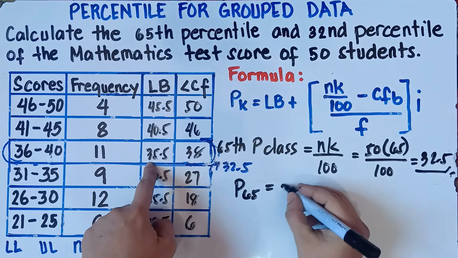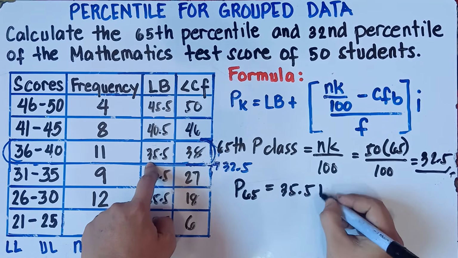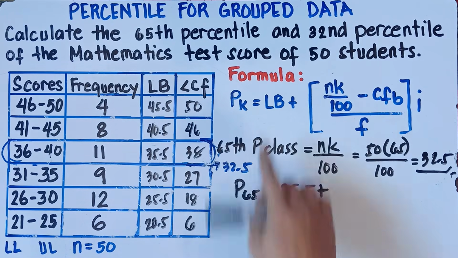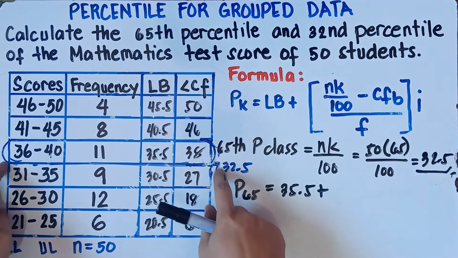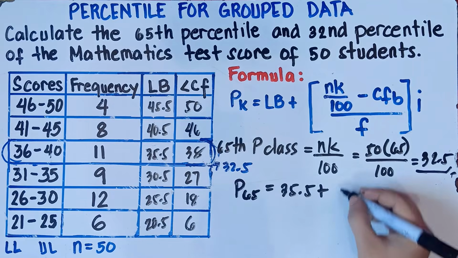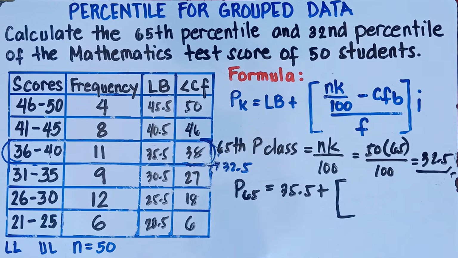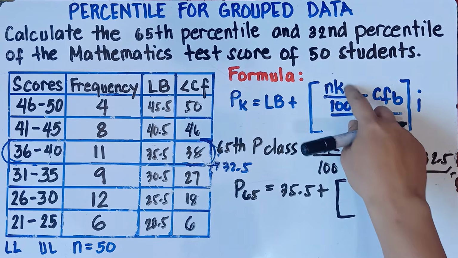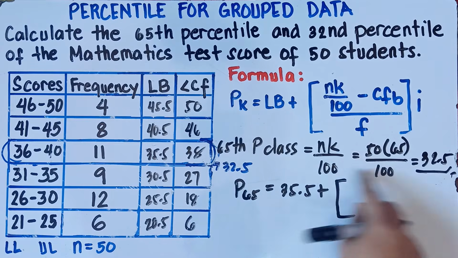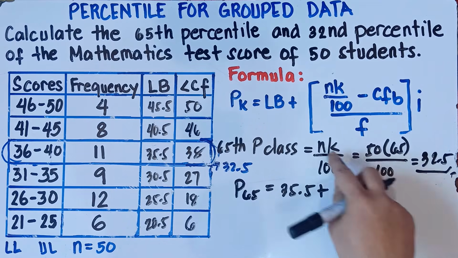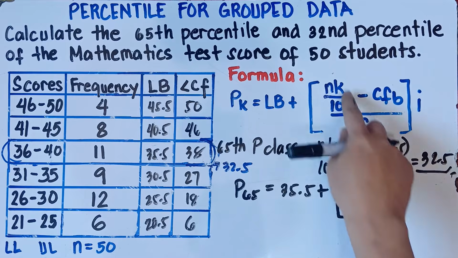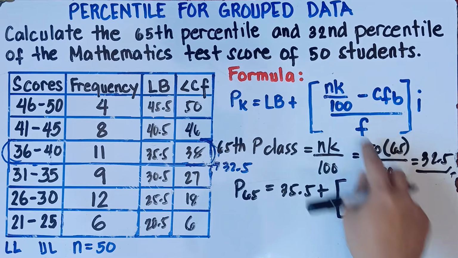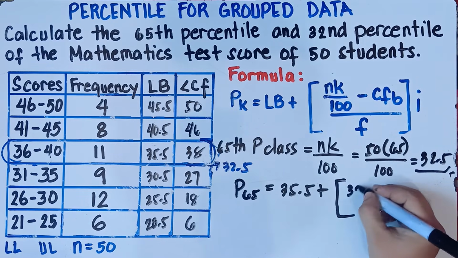LB is 35.5, plus, then bracket, NK over 100. We had that a while ago, the answer is 32.5, where N is 50 and K is 65: 50 times 65, divided by 100, that is 32.5.